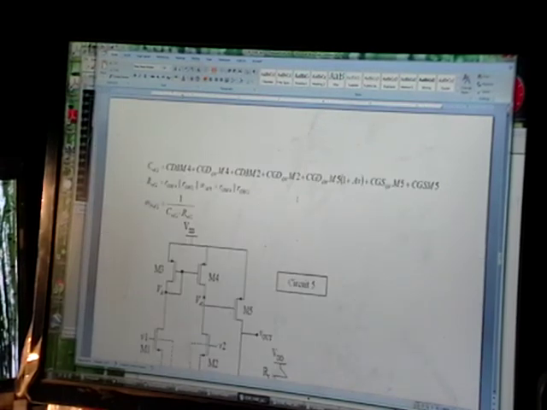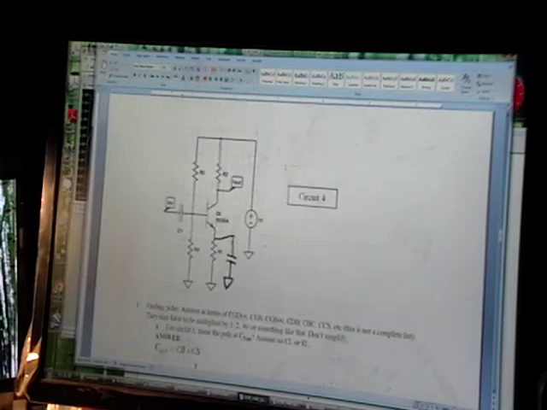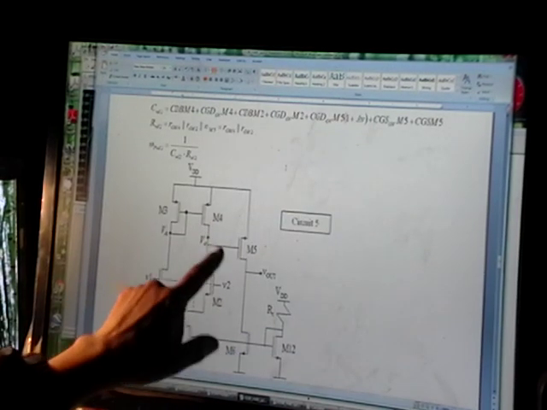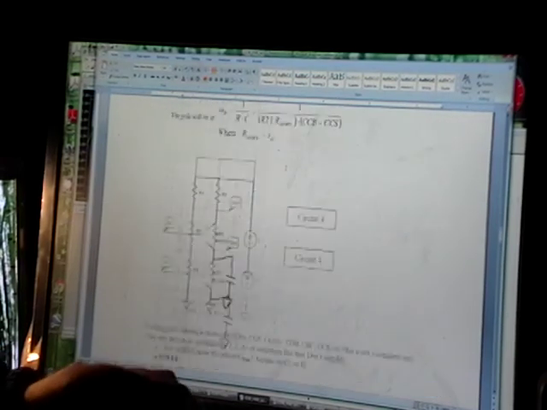And we have one more circuit here. If you have questions, the answer's on here, but it's the exact same thing. You find the capacitance in a node, find the resistance in a node, it's 1 over that R times C. And again, even though this is a MOSFET, and that was a BJT, right here you're going to have a zero looking back, and it's just going to be the same thing.